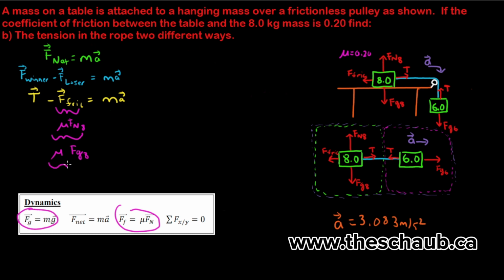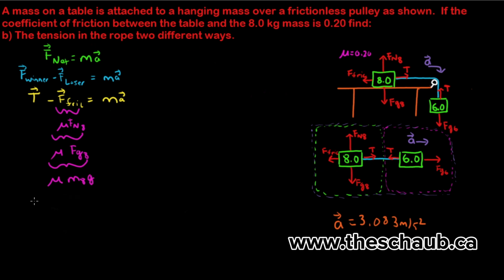So this becomes mu m8 multiplied by gravity. Rewriting our equation with our new term, we end up with the tension minus mu m8 gravity is equal to m8 multiplied by the acceleration.